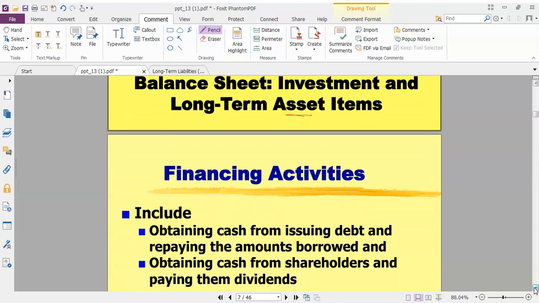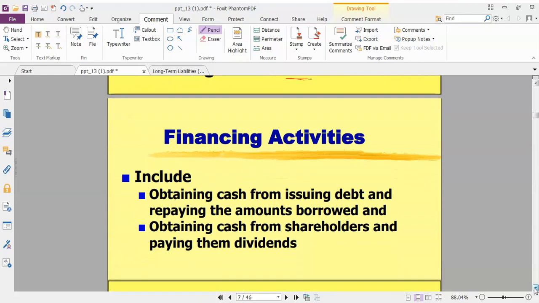The third one is financing activities. Financing activities include obtaining cash from issuing debt and repaying the amount borrowed, and obtaining cash from shareholders and paying them dividends.